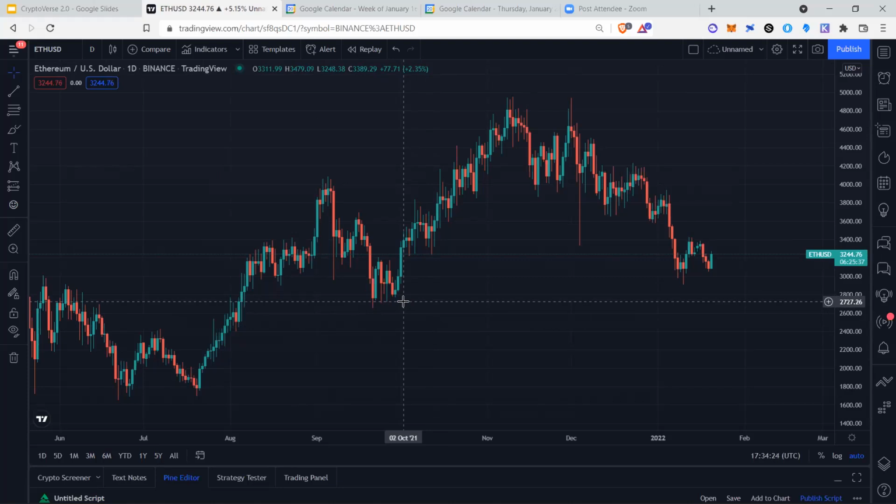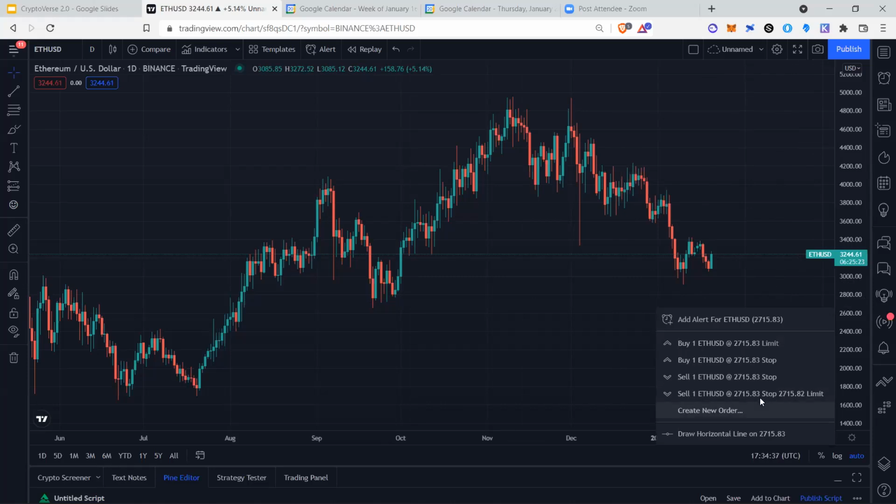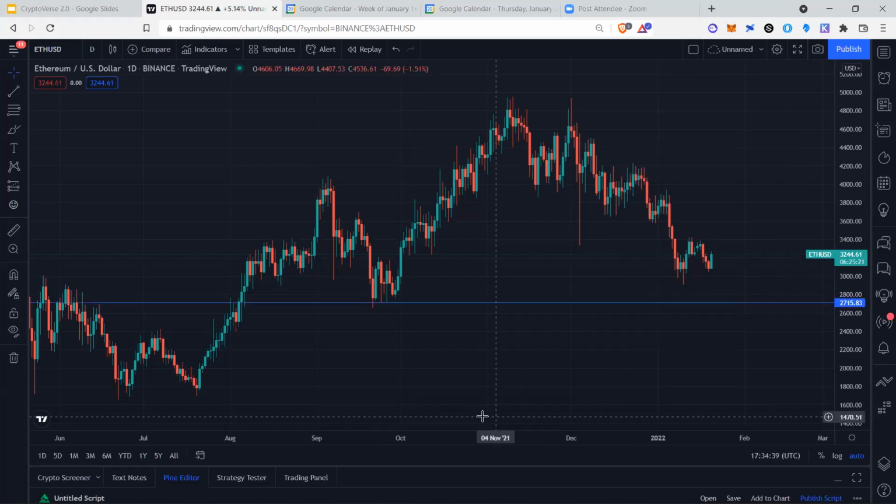Because from historical view, this is where buyers set in to buy this coin. So you can set up a horizontal line here. You can adjust it to your taste.